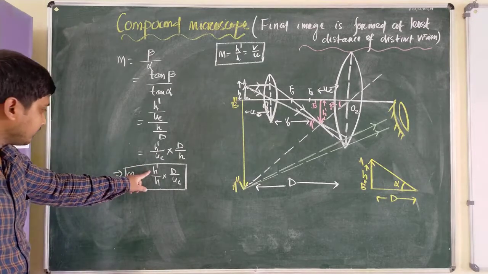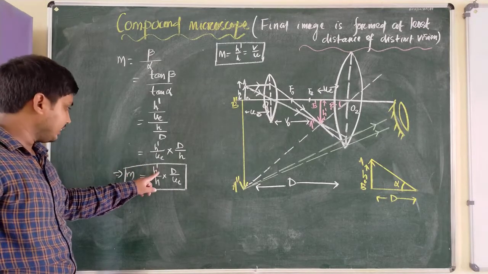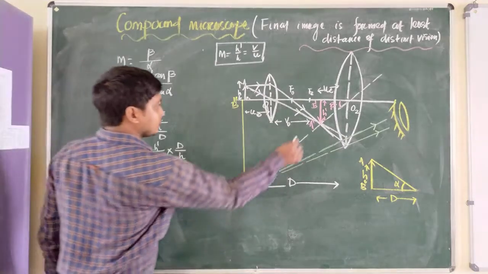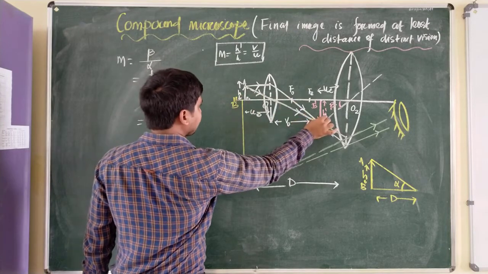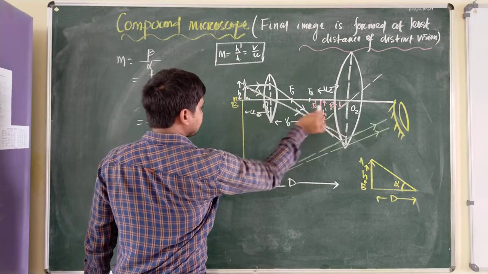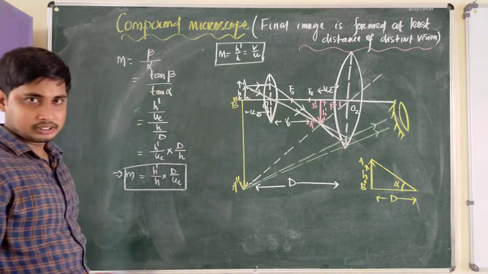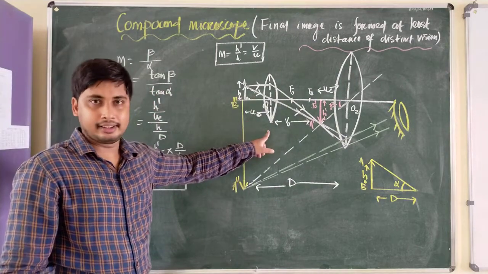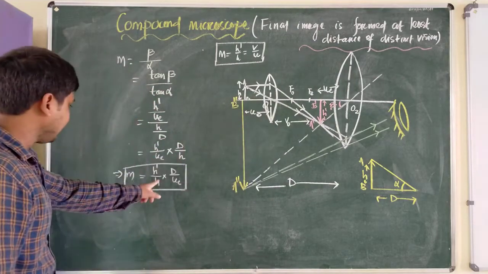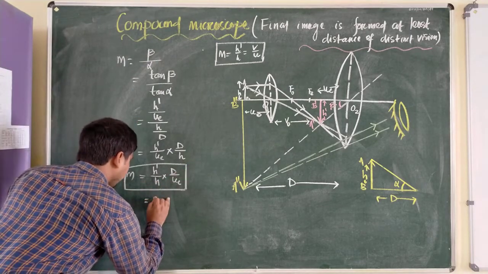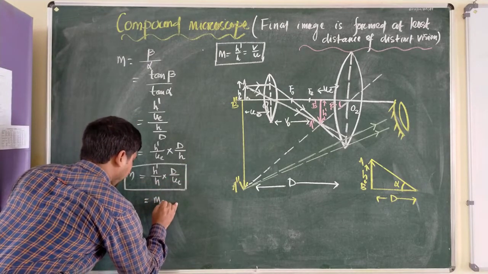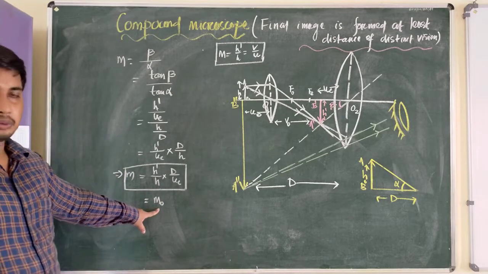So now just see here, h prime by h. Here h prime is the height of the image, and h is the height of the object for the objective lens. Hence, I can say that this h prime by h is the magnification of the objective.